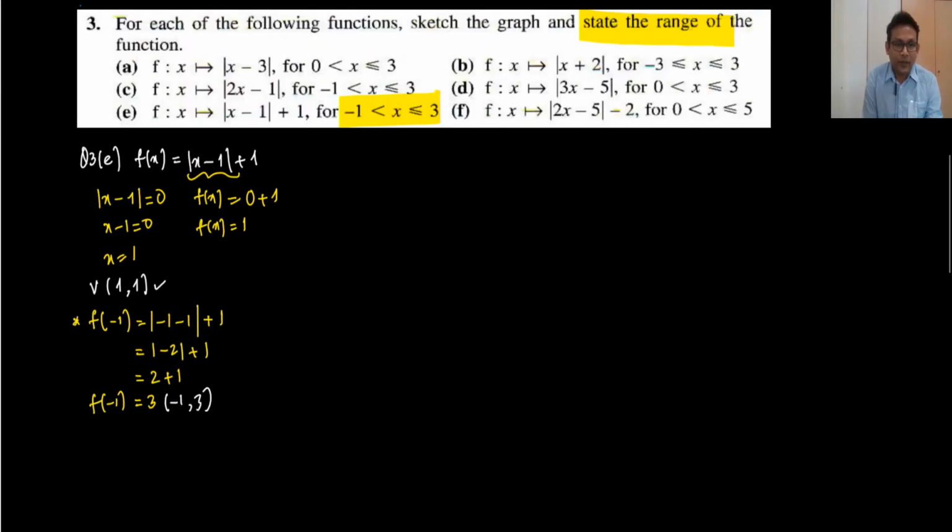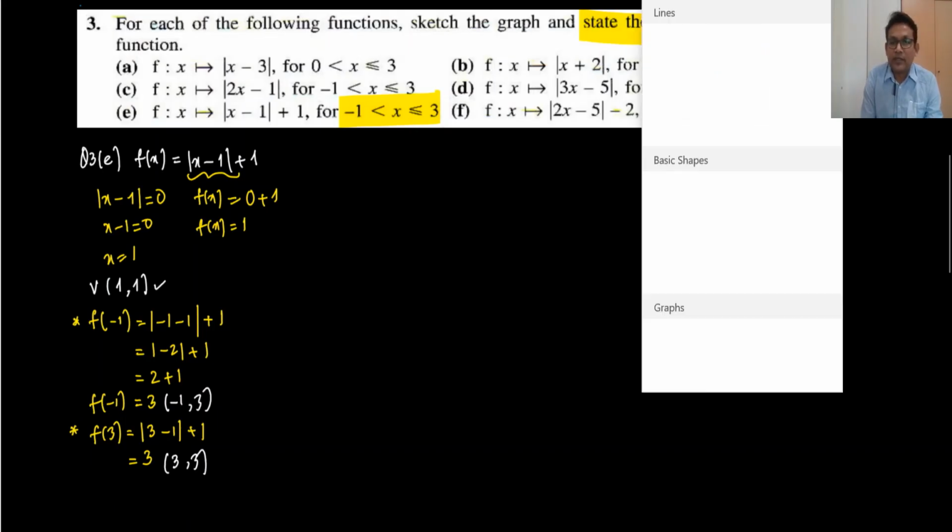Moving to the next part, to find f of 3, the maximum of the domain. So 3 minus 1 plus 1 outside is 2 plus 1, is coming 3. So the coordinates are 3 comma 3.